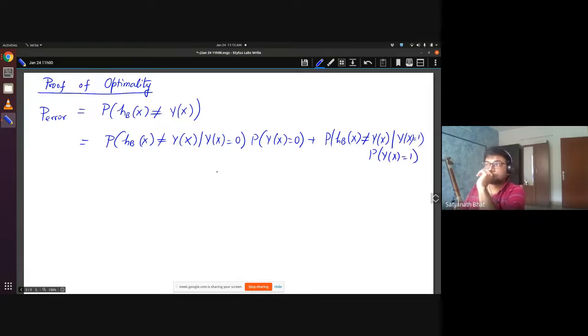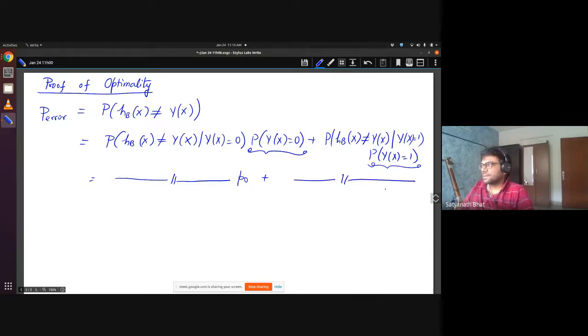Okay, so now I want your help to try and simplify this. So what can we do? First thing, what can we replace this with? Priors. Yeah, priors. Okay, so we can replace this with priors. So let me write the first thing as it is, and this we will call P0, plus this fellow as it is, and this as P1.